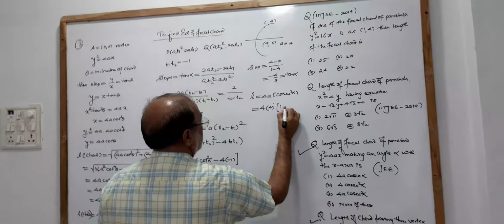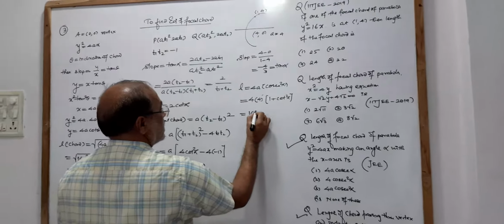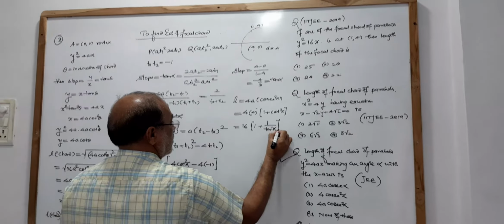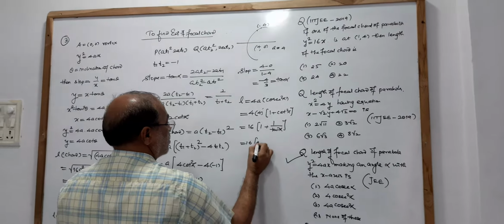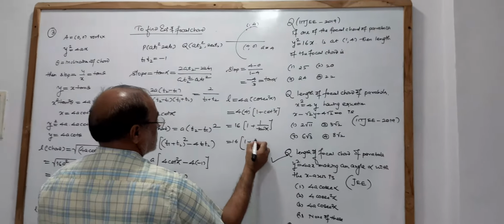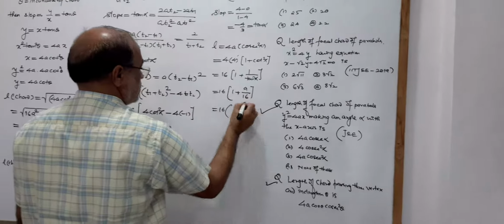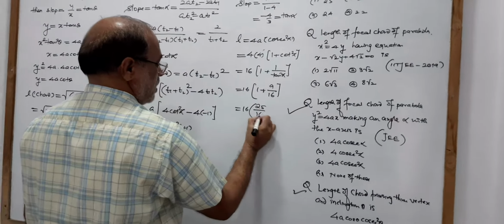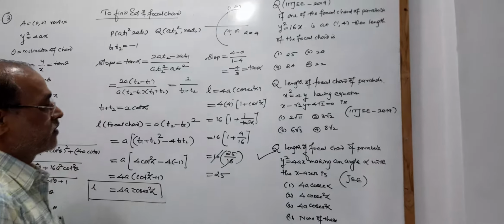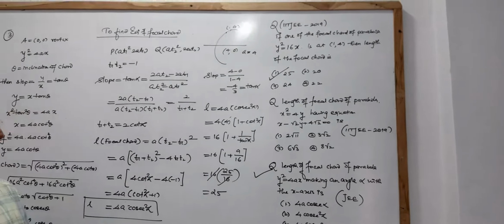Cosec square is 1 plus cot square alpha, that is equal to 16 into 1 plus 1 upon tan square alpha, which is the reciprocal, that is 9 upon 16. Means 16 into (16 plus 9) is 25 upon 16, cancelling both the terms, you will find that it is 25. Therefore, option A is right in this case.